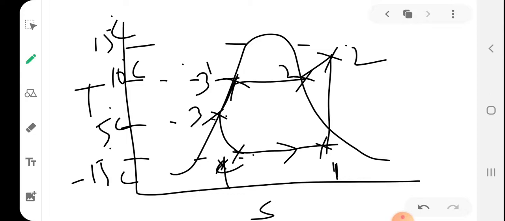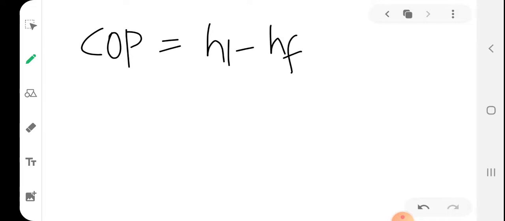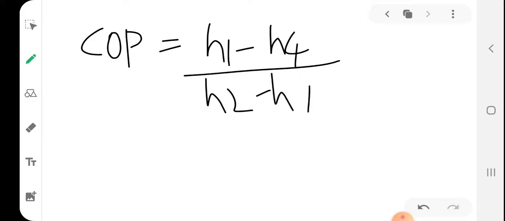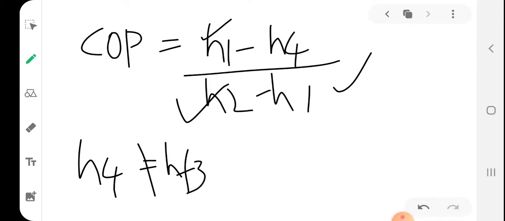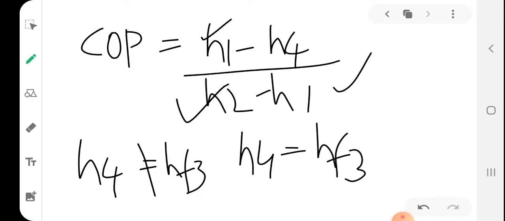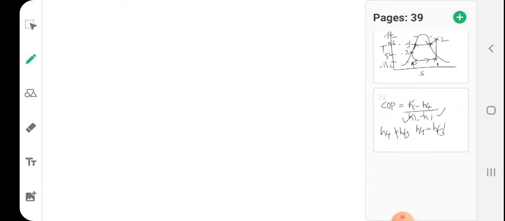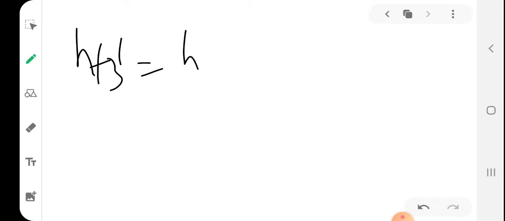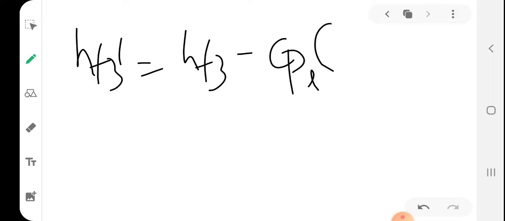And how to find the COP here? COP here is H1 minus H4 by H2 minus H1. These three values are the same, but here H4 is not equal to HF3. H4 equal to HF3 dash. So students, HF3 dash equals HF3 minus Cp of liquid into degree of undercooling, that is 5.